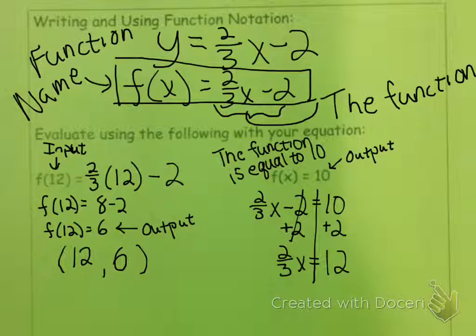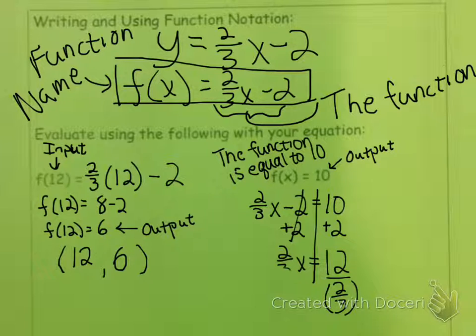There are different ways you can do this. We can think of it as 2/3 times x, so I could divide by 2/3 like this. And then when I put this in the calculator, I would have 12 divided by, and then I would put my 2/3 in parentheses. So I put 2 divided by 3 in parentheses.